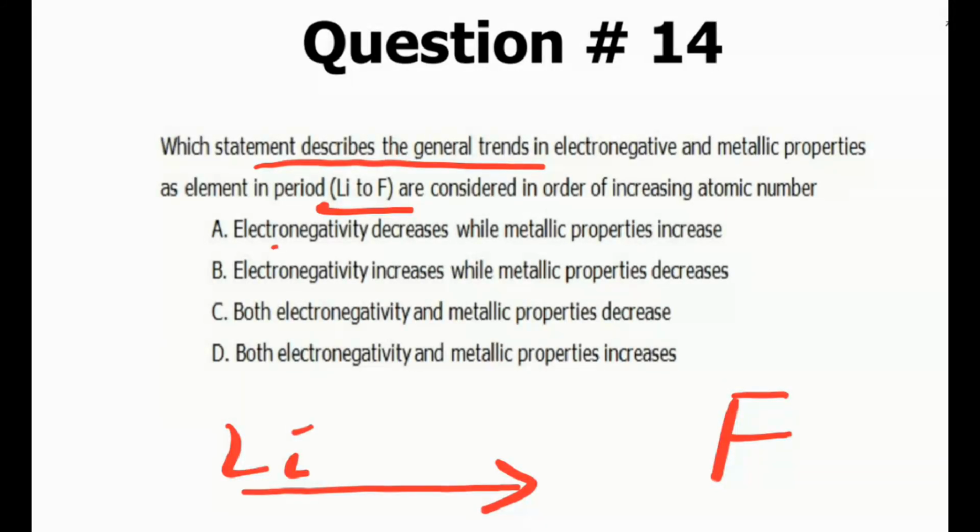A. Electronegativity decreases while metallic properties increase. B. Electronegativity increases while metallic properties decrease. C. Both electronegativity and metallic properties decrease. D. Both electronegativity and metallic properties increase.